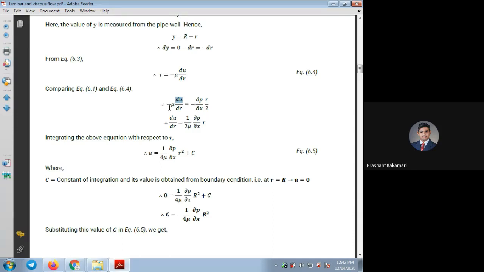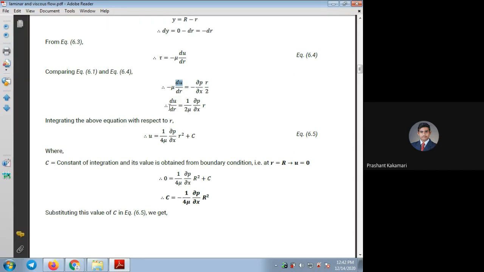Now after integration over the full flow, I can tell the velocity distribution equation. If I integrate this equation, I can write u equal to 1 by 4 mu dou p by dou x into r square plus c. Integrating r into dr gives r square by 2. So after combining all terms, u equals 1 by 4 mu into dou p by dou x into r square plus c, where c is the constant.